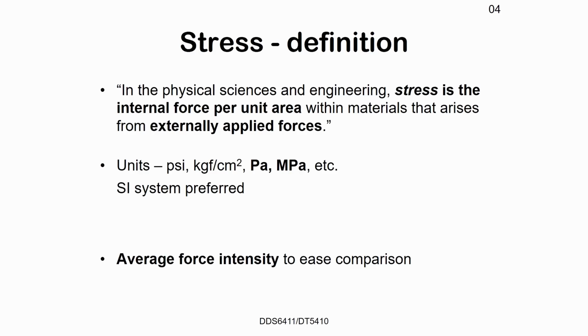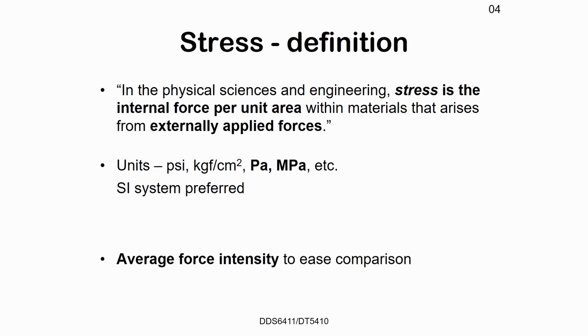The reason why we consider force per unit area is to get an average intensity so we can compare between different situations. It's like comparing the wealth between America and a small country like Belgium. How do you compare? You divide it by the number of people.